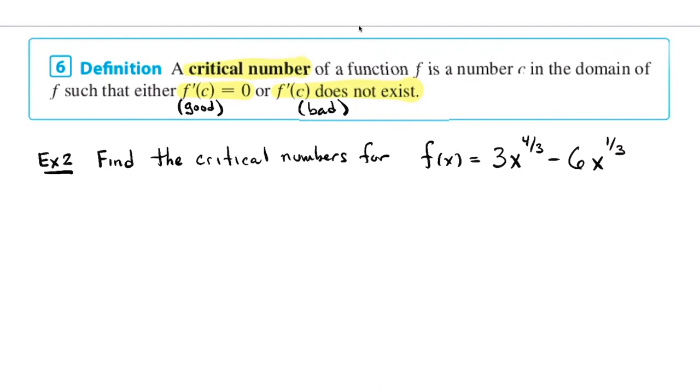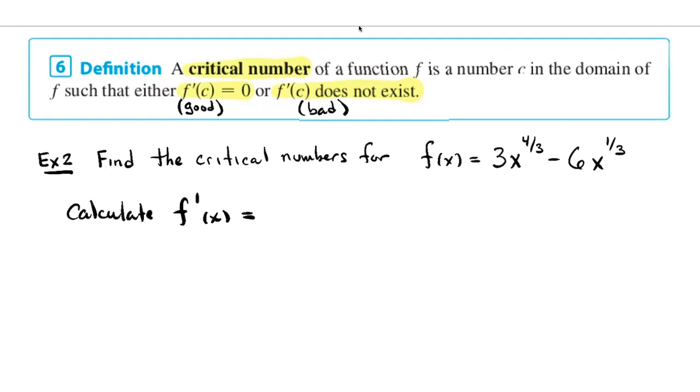All right, let's do a quick example where we find them all. Let's find all the critical numbers for this algebraic function, f of x. You can see it: 3 times x to the 4/3 minus 6 times x to the 1/3. Let me show you the procedure. When you're finding all the critical numbers, step one, take the derivative. Calculate f prime of x.